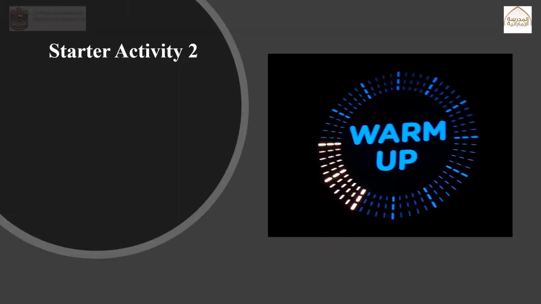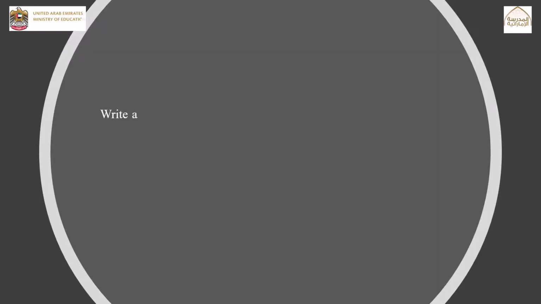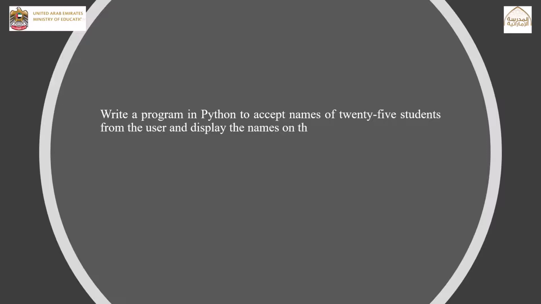Let us warm up a little more. You will work in pairs of 2 and you have 5 minutes to complete the activity. Write a program in Python to accept names of 25 students from the user and display the names on the screen.